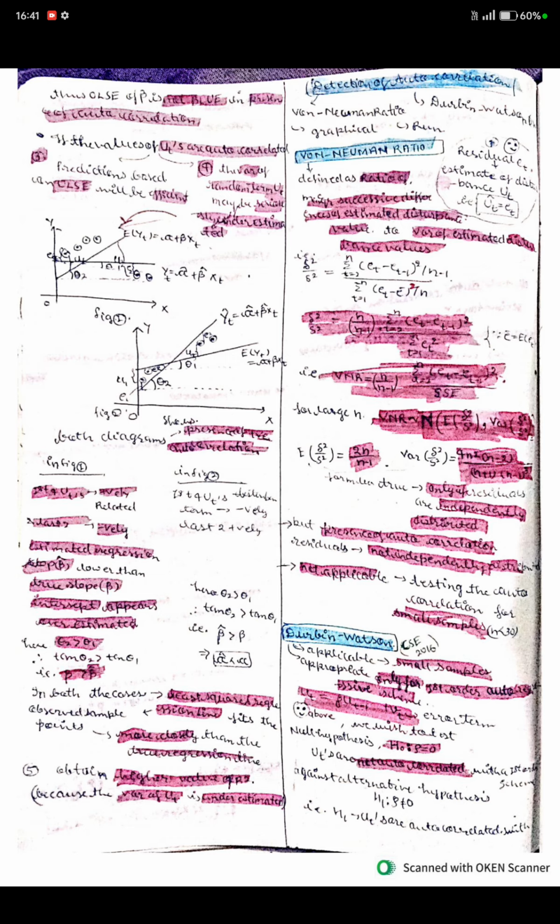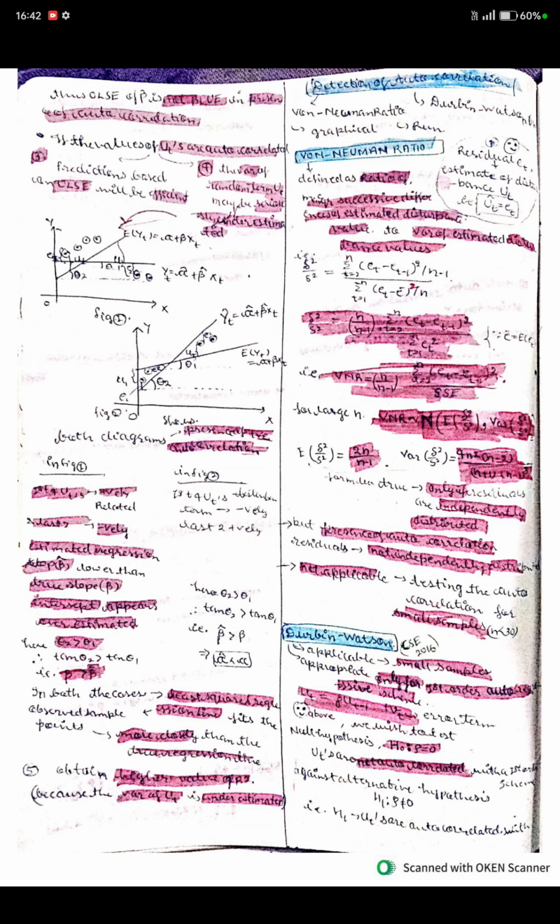By looking at these pictures, we have estimated yt equals alpha cap plus beta cap xt and true yt equals alpha plus beta xt. So here are the points. In figure 1 and figure 2, both diagrams show the presence of autocorrelation.